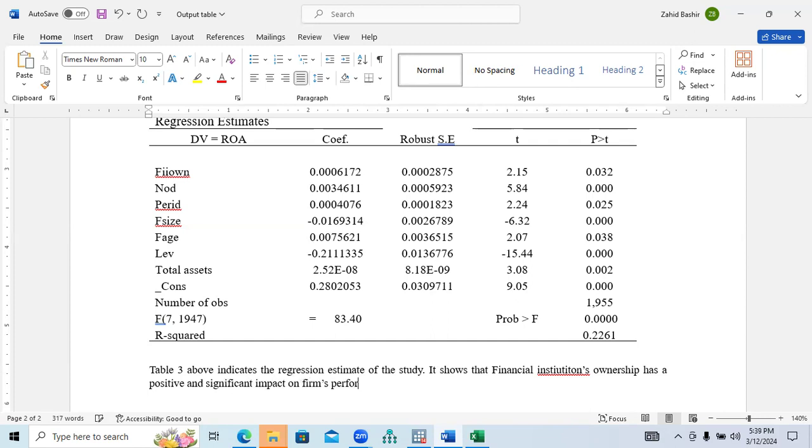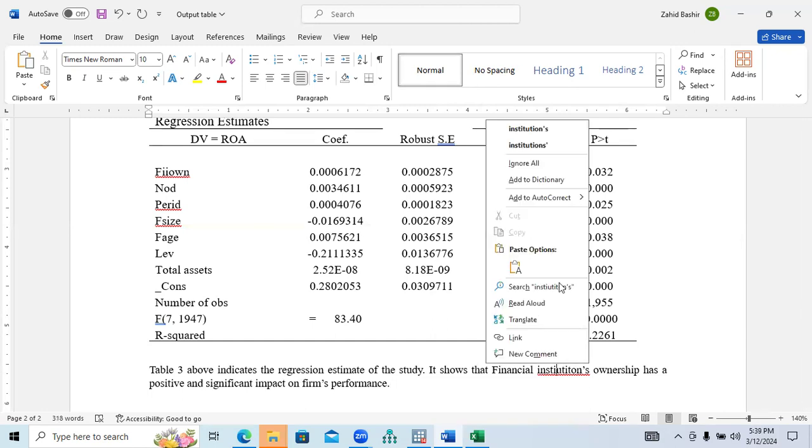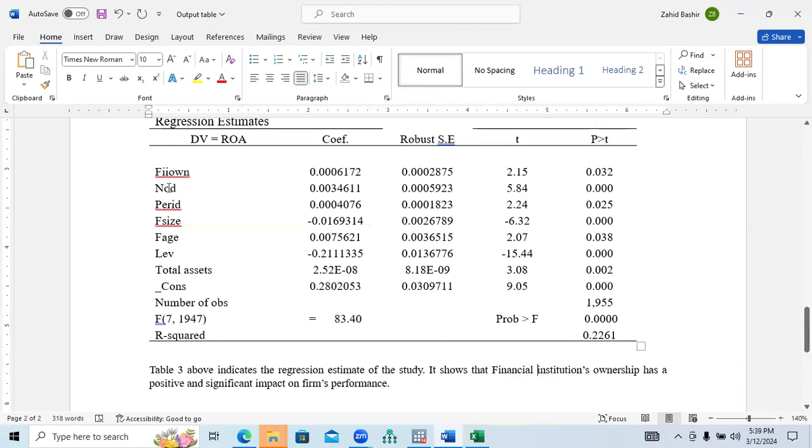Now, financial institutional ownership is basically this variable, and firm performance is basically ROA.